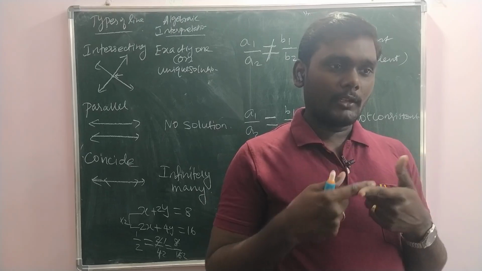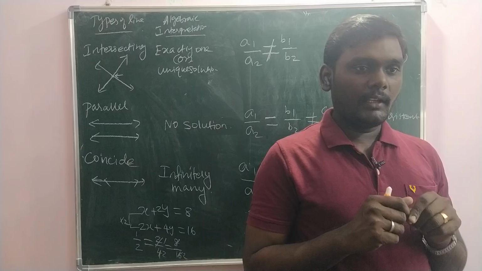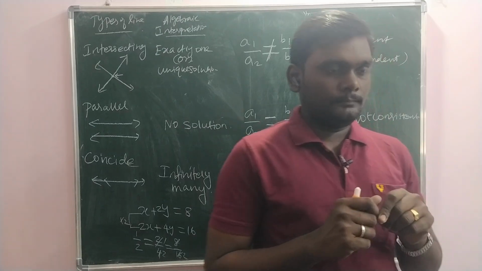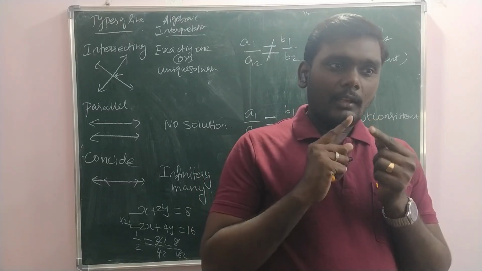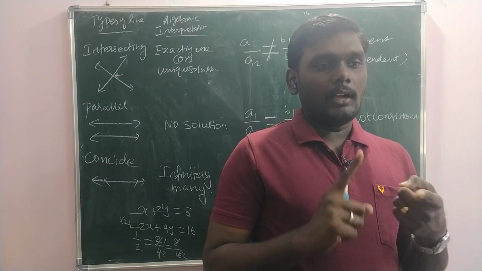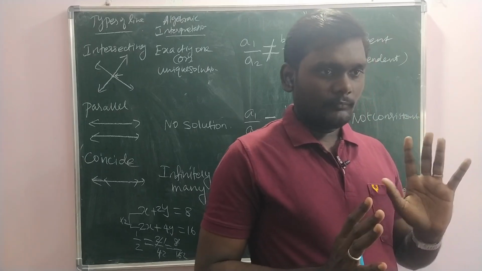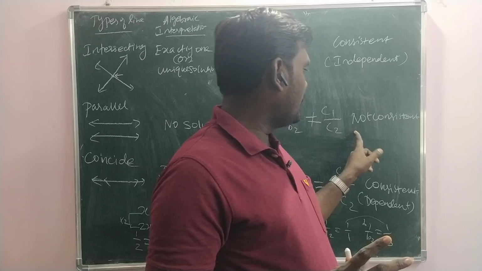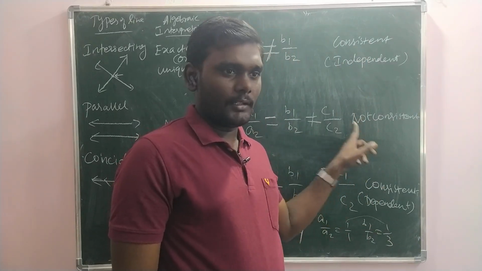For that we had a shortcut: using the ratio of the coefficients we can figure that out. Also, if it is unique or infinite, if it has a solution, it is consistent. So except the parallel lines, we have the remaining two as consistent. This one is not consistent.